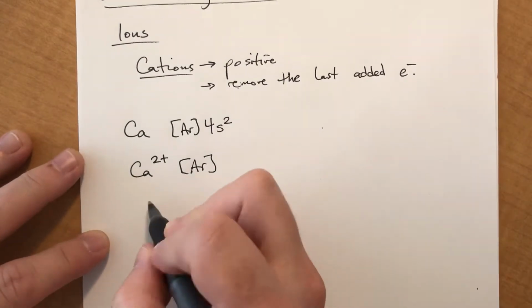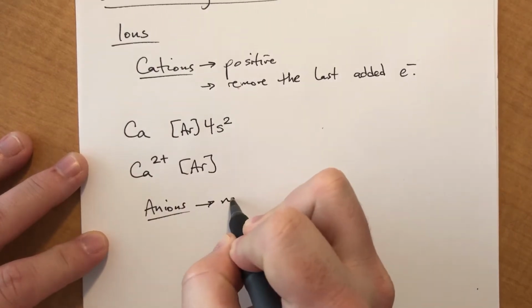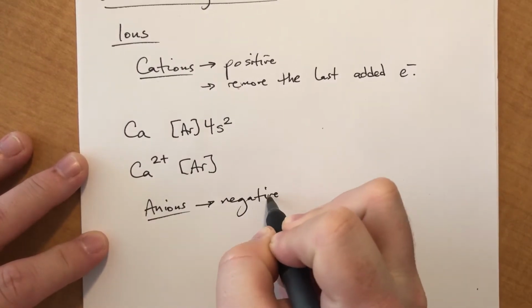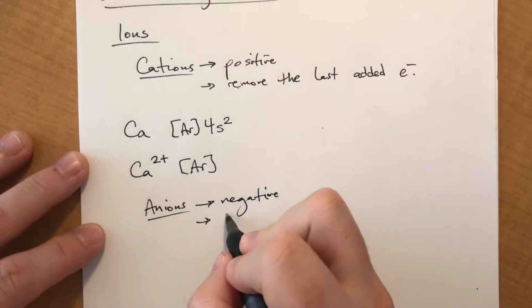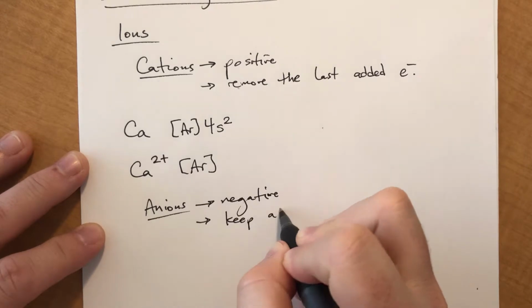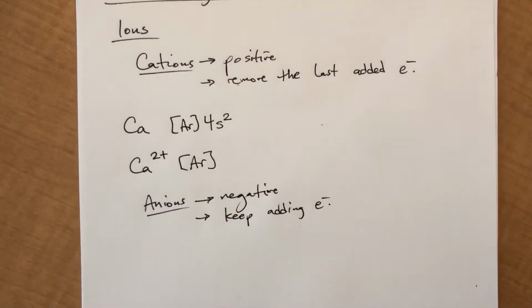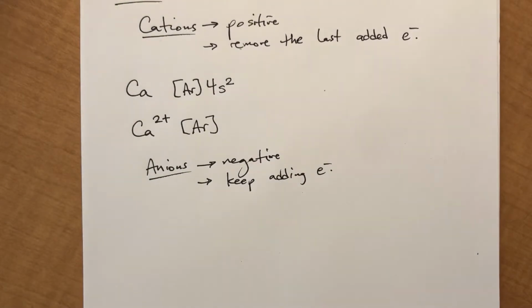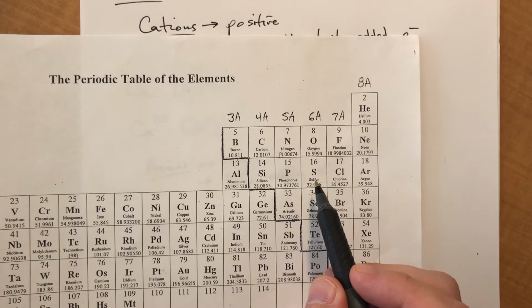Anions are literally the exact opposite idea. These are negative, and you literally just keep adding electrons. These ones are even easier. So for example, let's do sulfur.